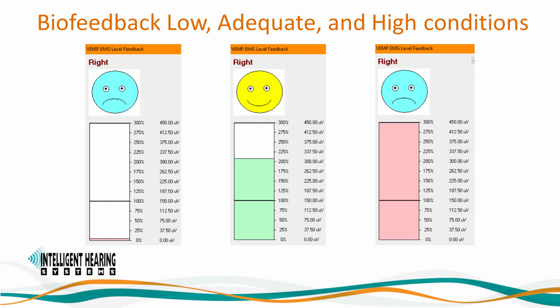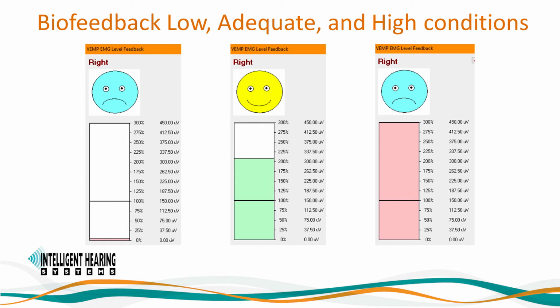When the sweep baseline EMG level is greater than or equal to the acceptance amplitude range minimum value and less than or equal to the max value, the satisfactory level condition, the bar displayed is shaded in green and the face displayed is a yellow happy face. When the sweep baseline EMG level is greater than the acceptance amplitude range maximum value, the high level condition, the bar displayed is shaded in pink and the face display is a blue sad face.